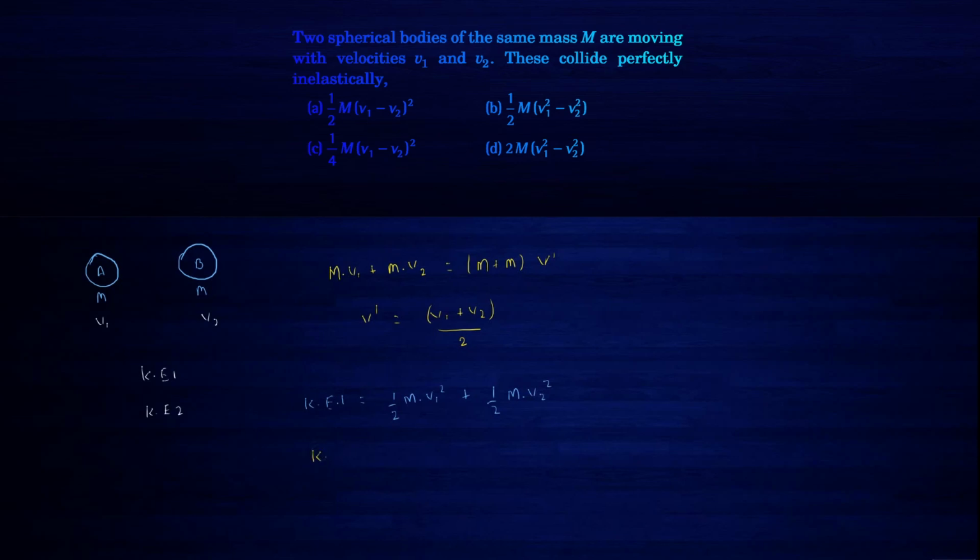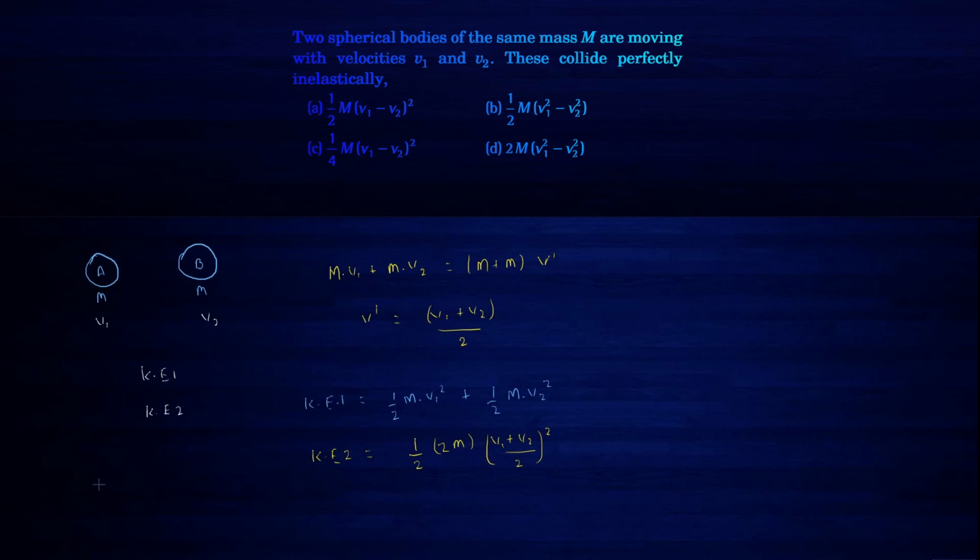KE2 is equal to half times 2m times ((v1 plus v2) by 2) whole square.